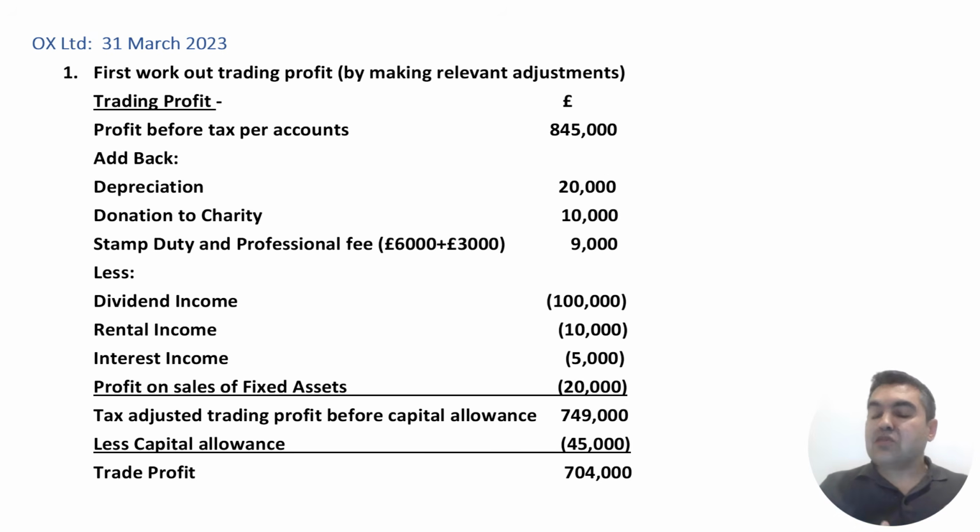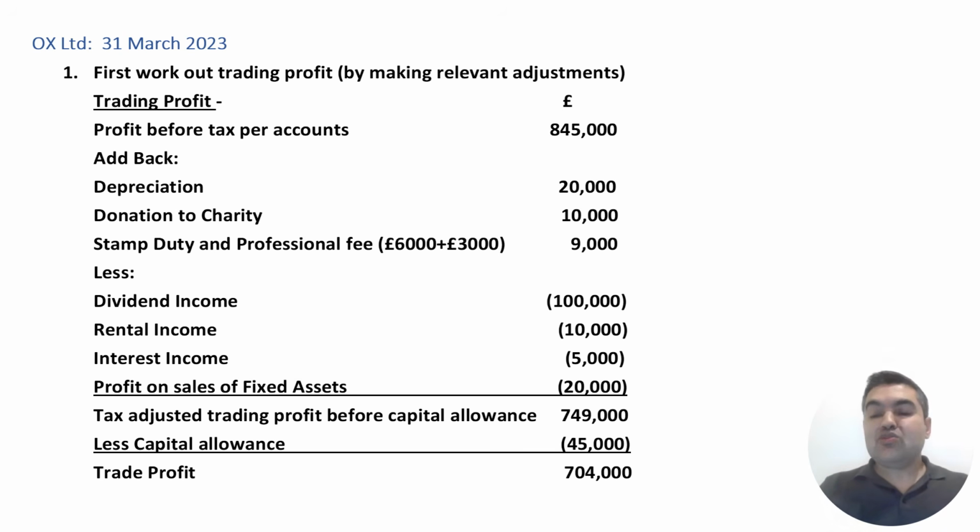So in profit and loss, we include all expenses. When you're studying financial reporting or financial accounting, what you're doing is you add all expenses to P&L, profit and loss.